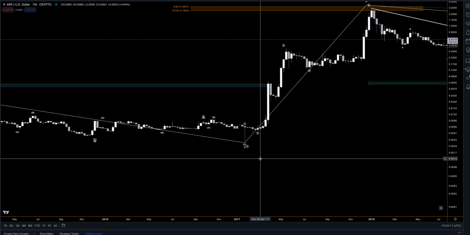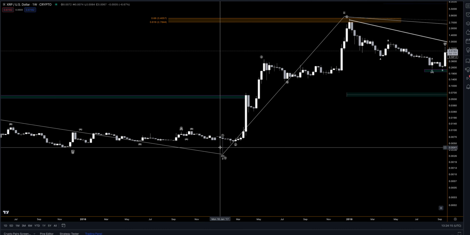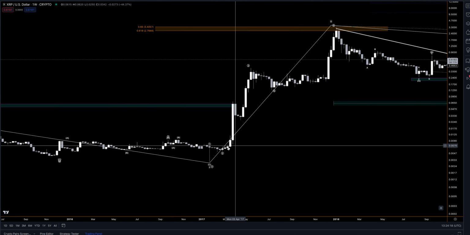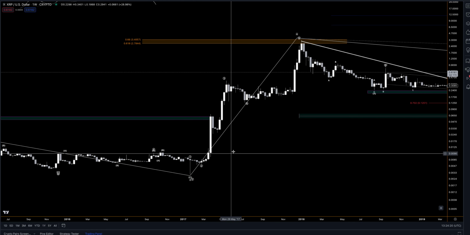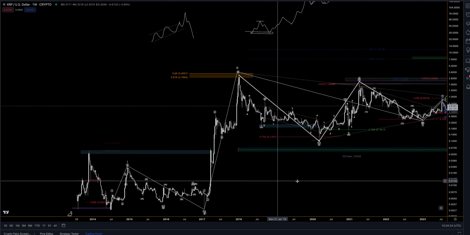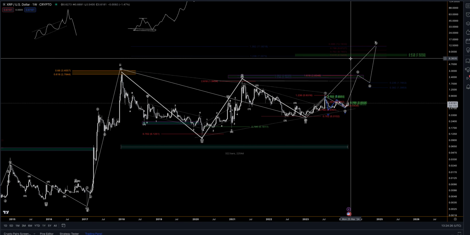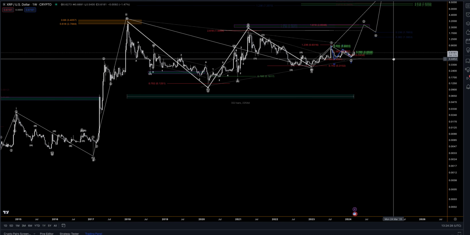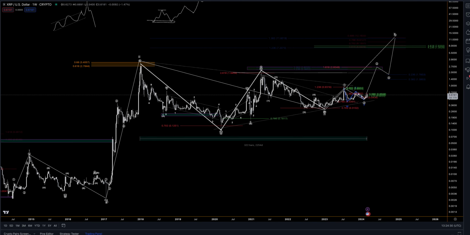Okay, this is February, and then this is March. You see, this is January, February, March, and then we continue the run up here, you see? So it's like it's coming back to the same time. I just find that really cool.